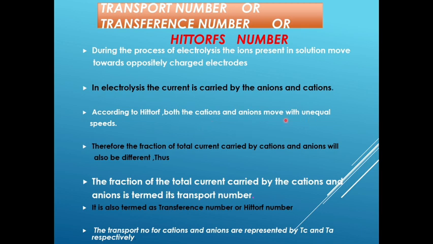Where is this unequal speed coming from? Why are the cations and anions moving with unequal speeds? Let's discuss this.